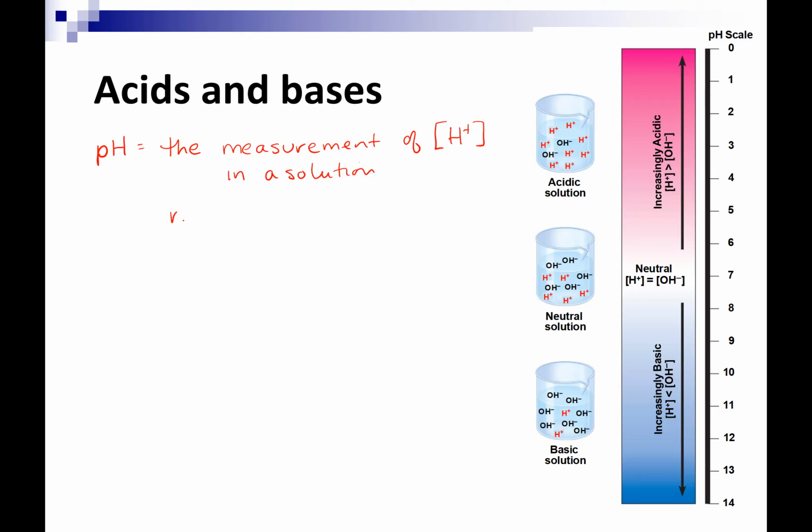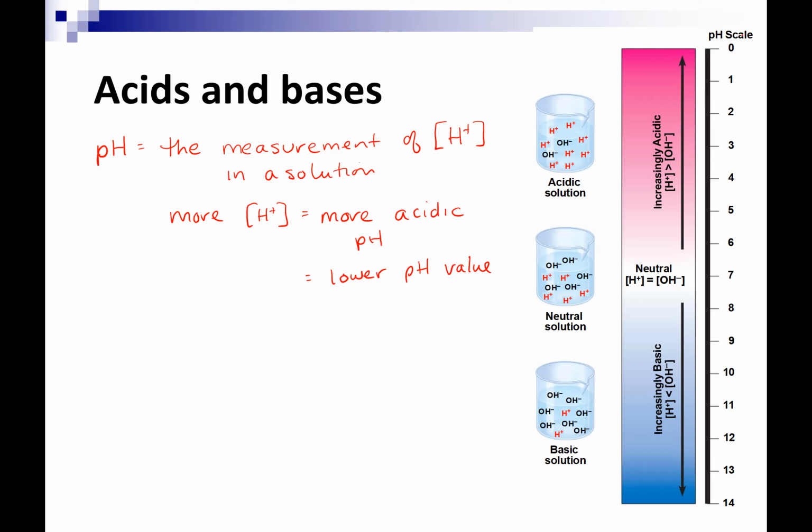So the more hydrogen ions equals a more acidic pH, but the value of the pH is a lower number. And we'll explain why that is in just a second.